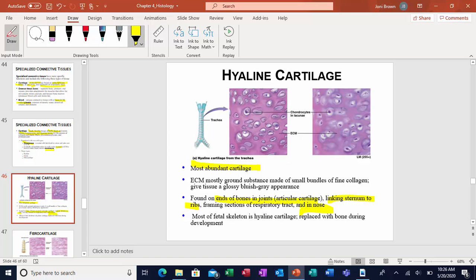This is where you find hyaline cartilage. In your trachea, you find hyaline cartilage. I like to refer to this cartilage as the Scooby-Doo eyes. You see the little Scooby-Doo eyes right here. You see all of them? That's the cartilage cell, the chondrocyte, and it sits in a space called the lacunae. That's hyaline cartilage.